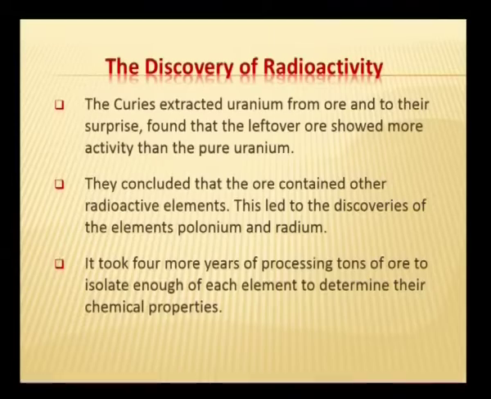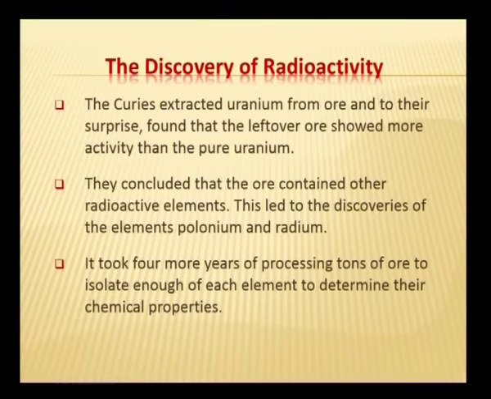Radium is again an element in the periodic table. You have the Radium Institute in France. She migrated from Poland to France. So, you got polonium and radium, the two new elements discovered by Curie. It took 4 more years of processing tons of ore. They did nerve wracking, very difficult experiments in those days without taking proper care of the radiation coming from these radioactive materials.